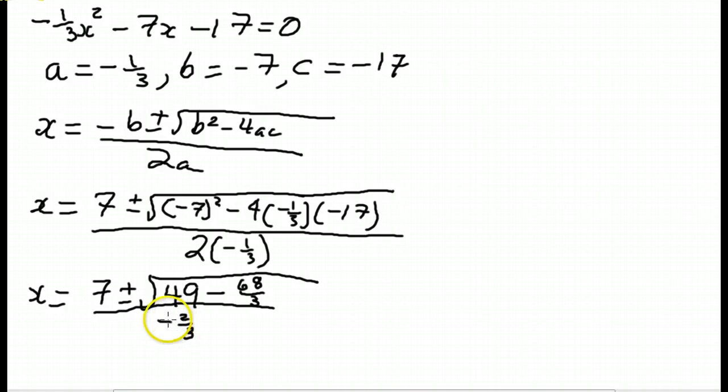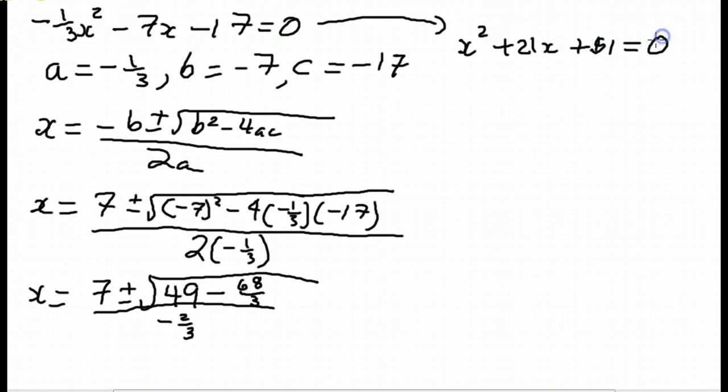At which point you'd say, well, this really wasn't, it's not nice. I'm not happy. I got fractions all over the place. Is there a better way? Well, since that's equal to 0, remember, we can multiply by negative 3. Giving me x squared plus 21x plus 51 equals 0, right?